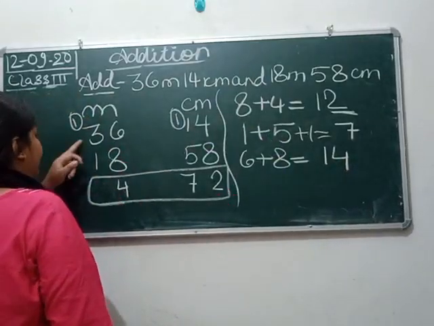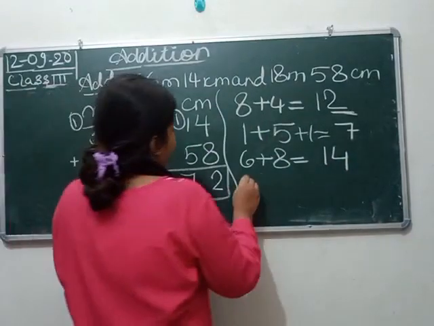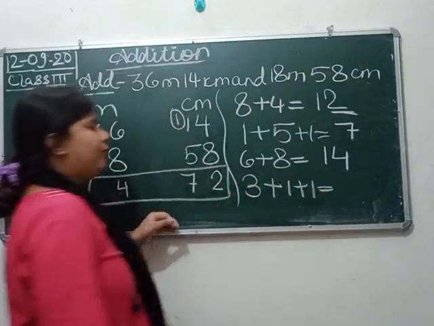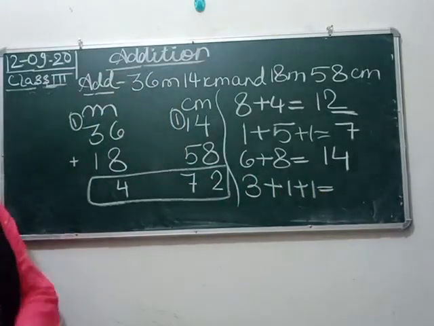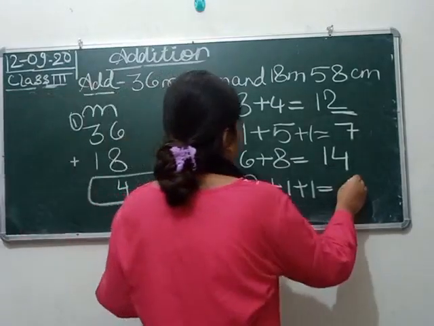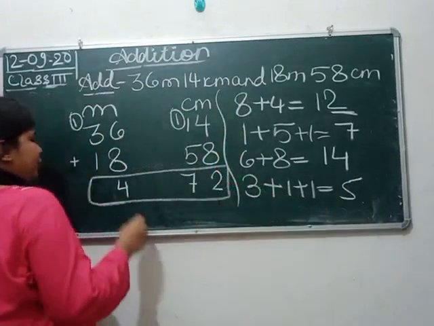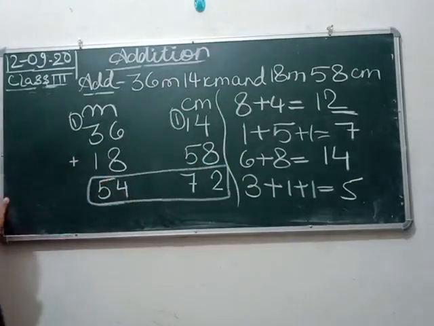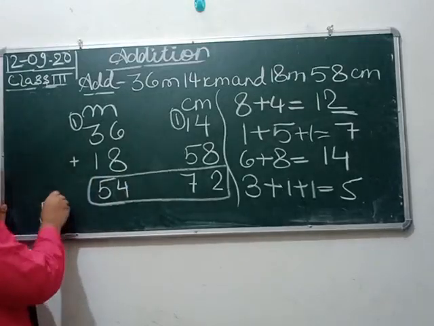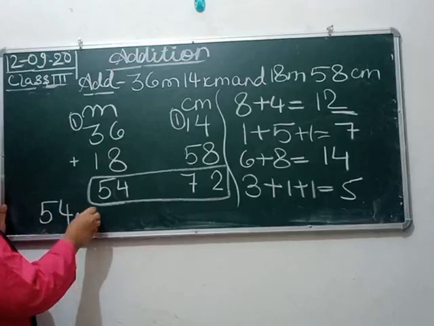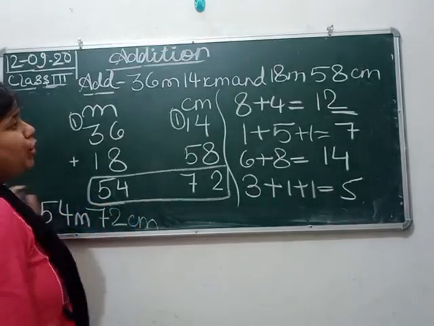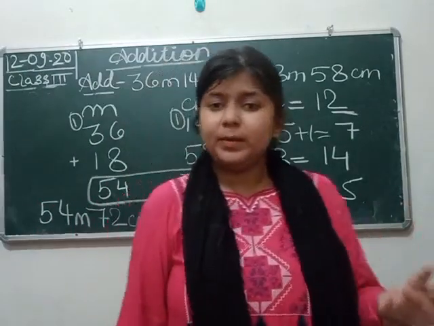Now here I have 3 plus 1 plus carry 1, which is 5. So my answer for this question is 54 meter 72 centimeter.